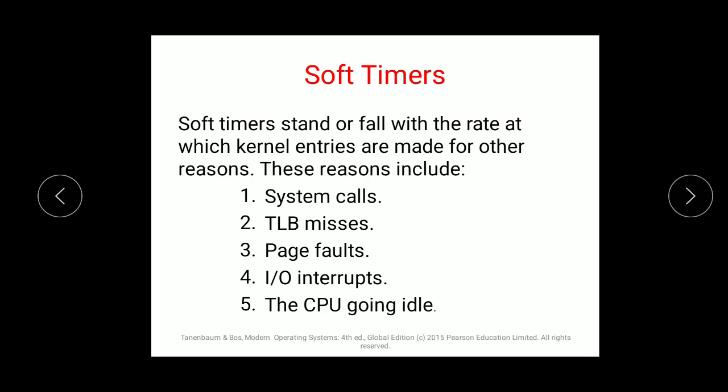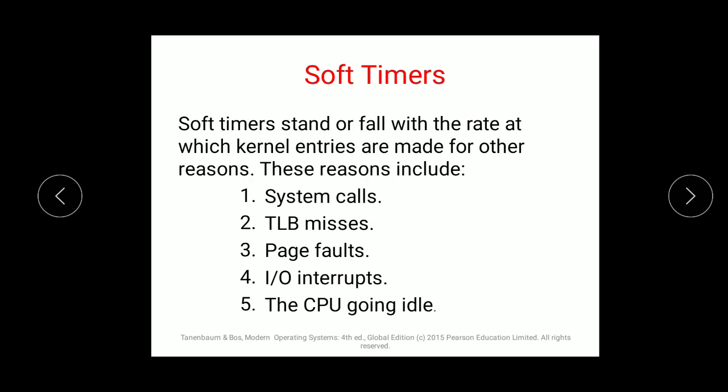Soft timers stand or fall with the rate at which kernel entries are made for other reasons. These reasons include system calls, TLB misses, page faults, IO interrupts, and the CPU going idle. At those times the soft timers are used, and interrupts can be avoided using soft timers.